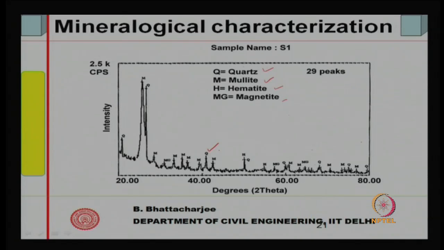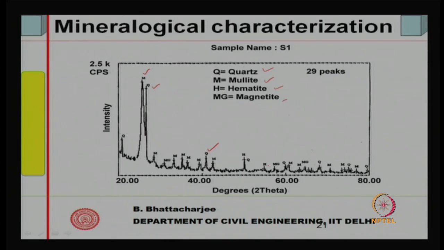It can find out the crystal, because the angle 2 theta at which the X-ray is incident, where diffraction occurs from the crystal planes, is actually recorded, and this is the mullite peak, this is the quartz peak. So, you get quartz, mullite, these are the materials which are present in fly ashes.